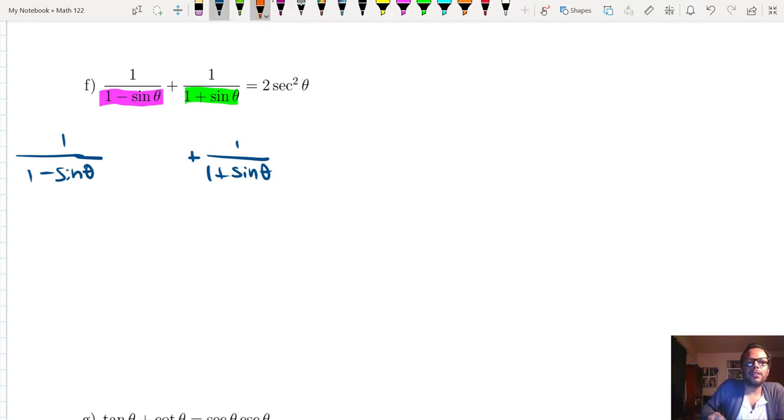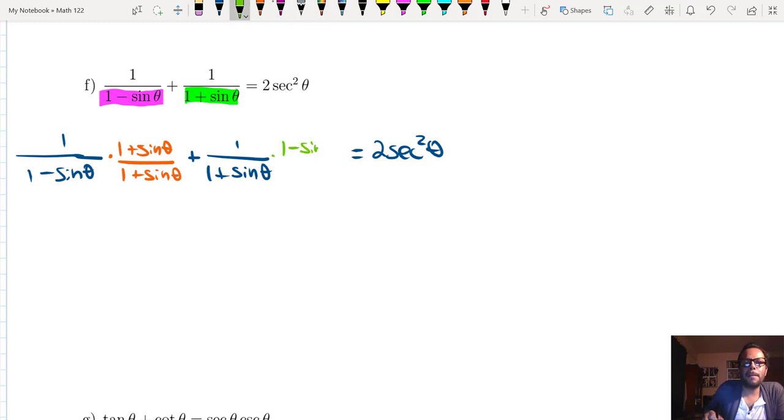I'm going to multiply the first one by 1 plus sine divided by 1 plus sine. And on the other hand, 1 minus sine and divide by 1 minus sine.